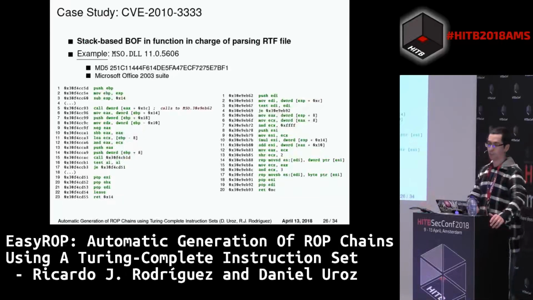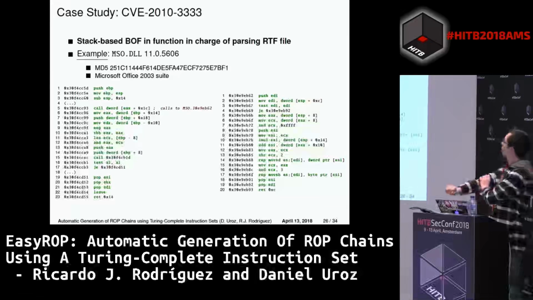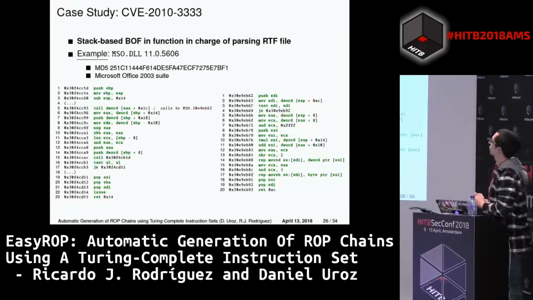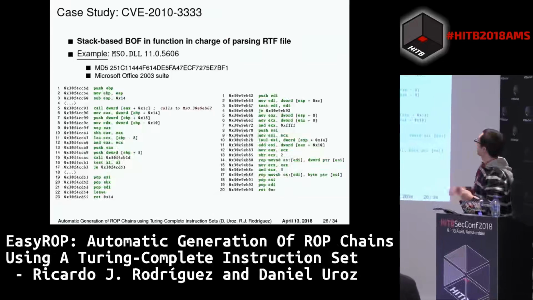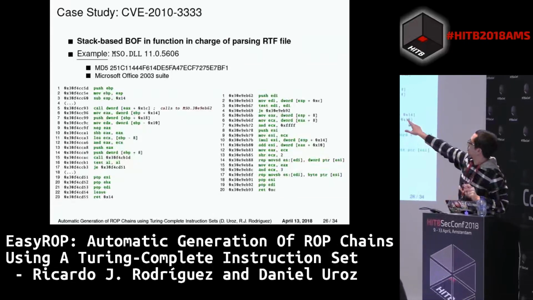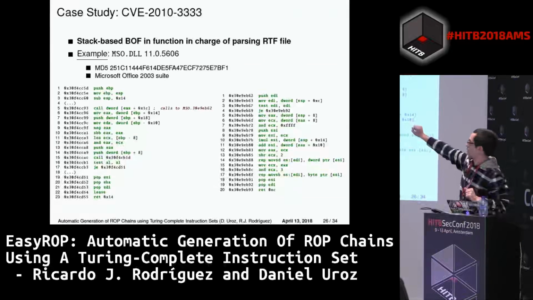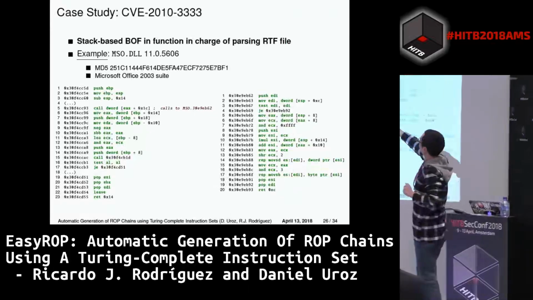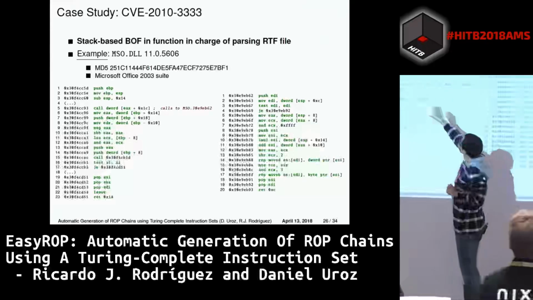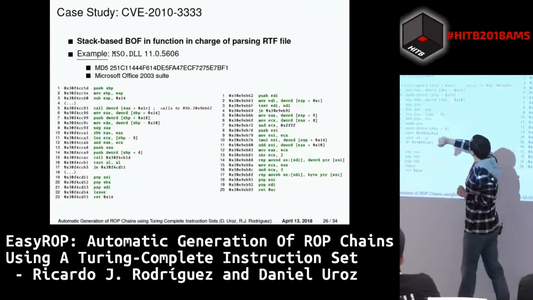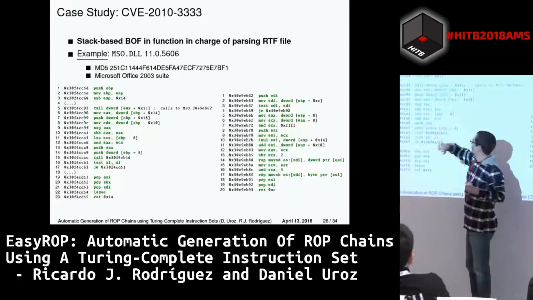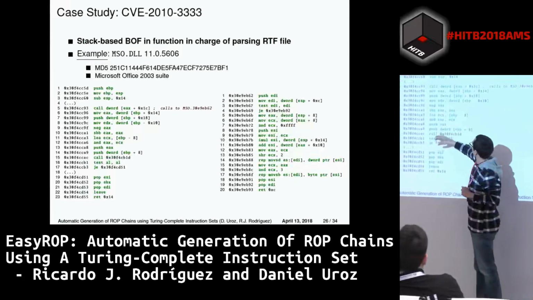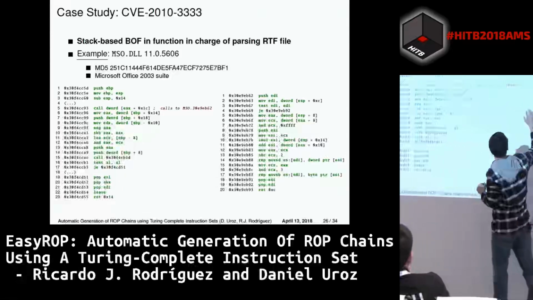This vulnerability is a stack-based buffer overflow in a function in charge of parsing the RTF file. For instance, consider that we have this DLL, which is the one that is exploitable, this version from Microsoft Office 2003. In one part of the RTF parser, we have this code with a call to this other function.